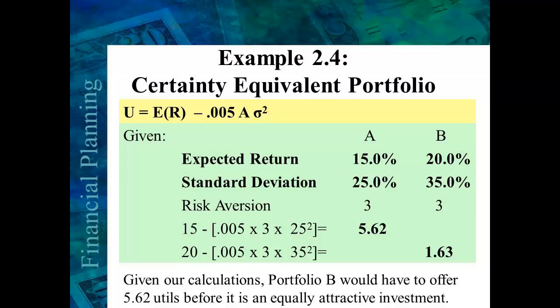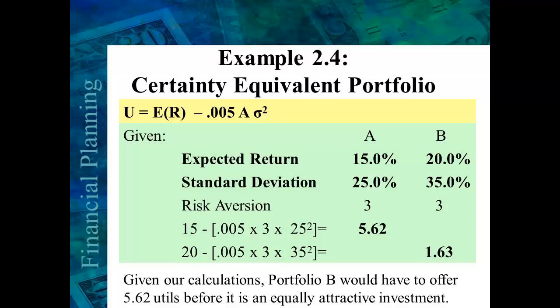The same process can be used to compare alternative portfolios. In this slide, you compare portfolio A with an expected return of 15%, a standard deviation of 25%, and portfolio B, expected return of 20%, standard deviation of 35%.